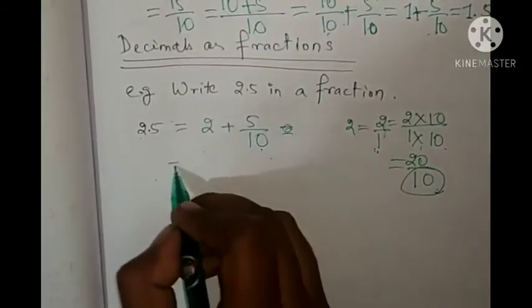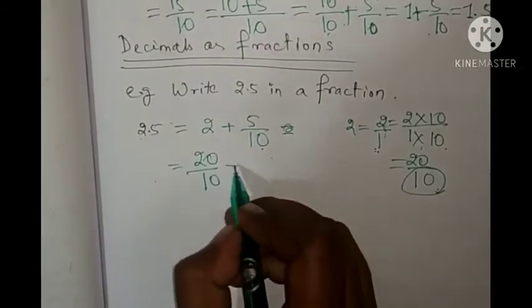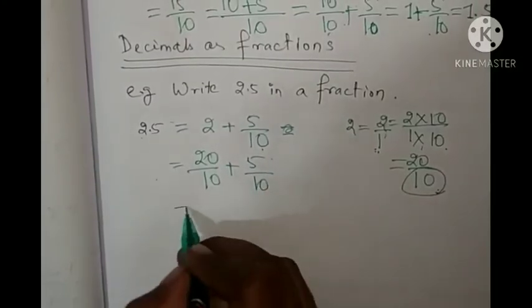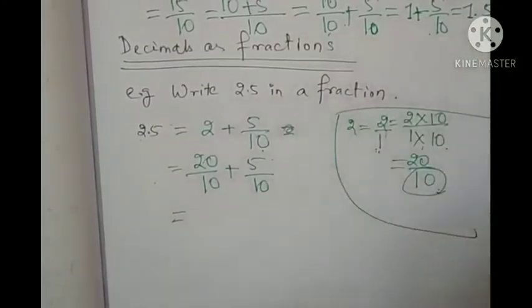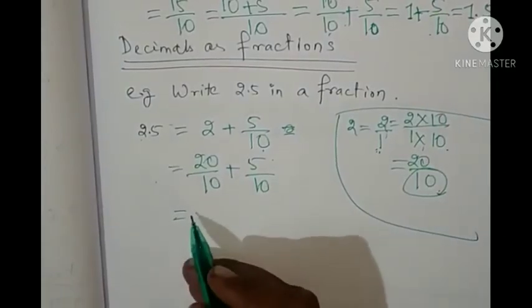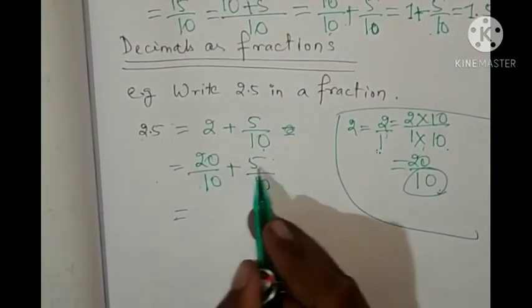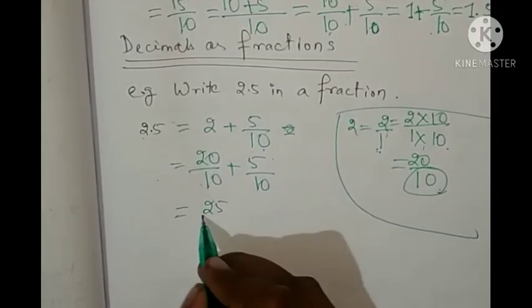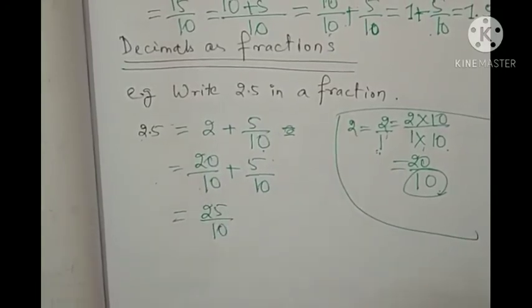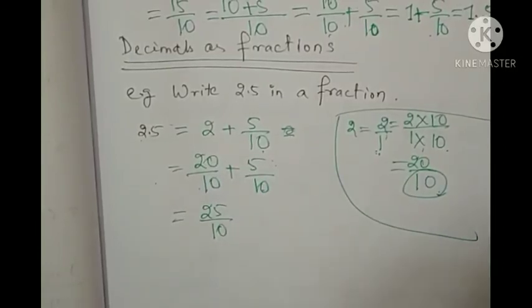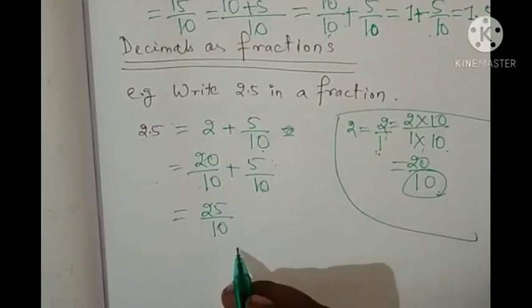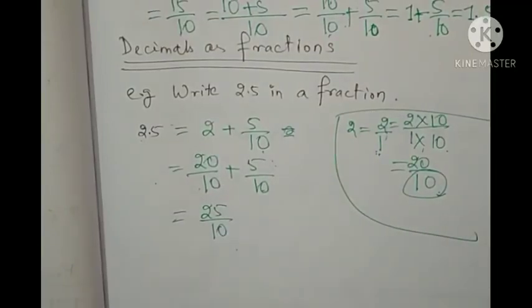So write it as 20 by 10 plus 5 by 10. This one is your rough work. Then what will you do? Now you can add, 25 by 10. Same denominator, so you can add it, 25 by 10. So 2.5 is what? 25 by 10. So look how easy it is to convert a fraction into decimal form and a decimal into fraction form.